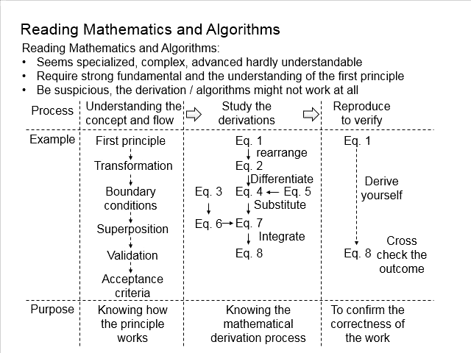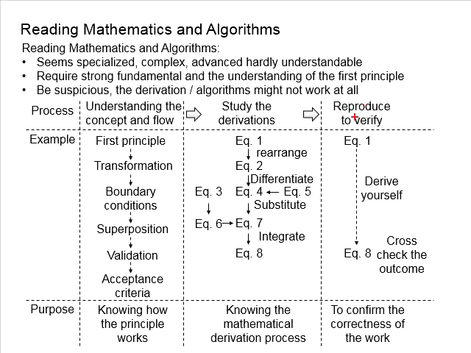Therefore, you are encouraged to reproduce the derivation process in order to verify this. You may try to derive yourself, or you may have another idea, a more simplified method to achieve the same outcome, which you would like to test yourself whether it is workable.